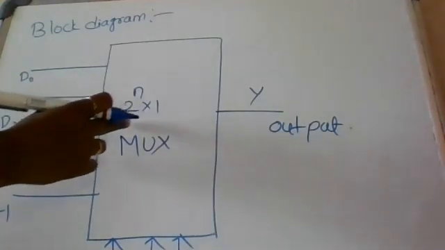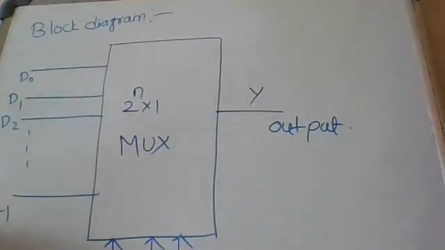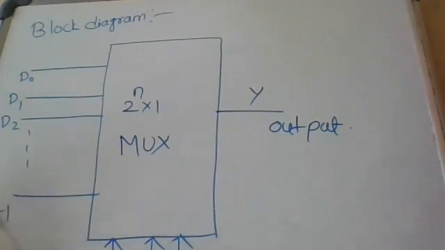Here we have 2 power n into 1. So these are the inputs. Here only one output. In this we have three selection inputs.